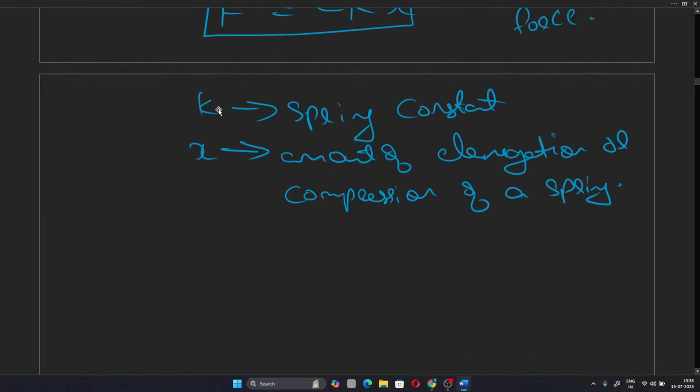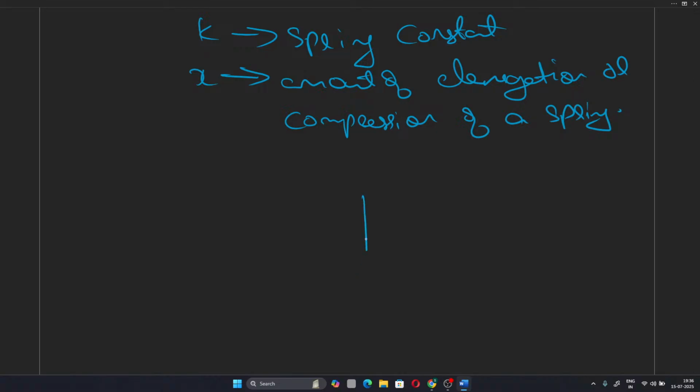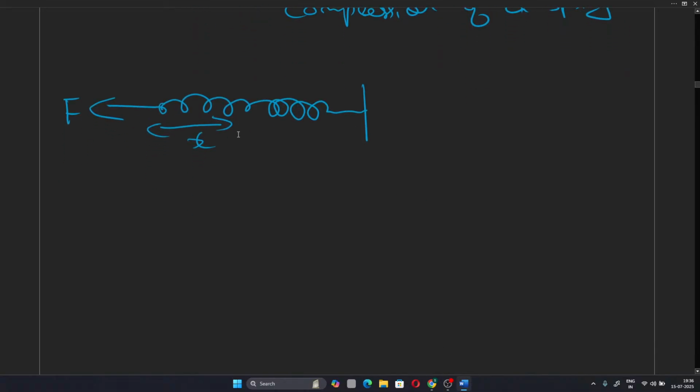Let's see the diagram here. If this is a rigid support, this is a spring. When we elongate the spring by applying force like this, where this is the displacement of the spring, this is the external force, and the restoring force in this case will obviously act in this direction, which is F restoring.